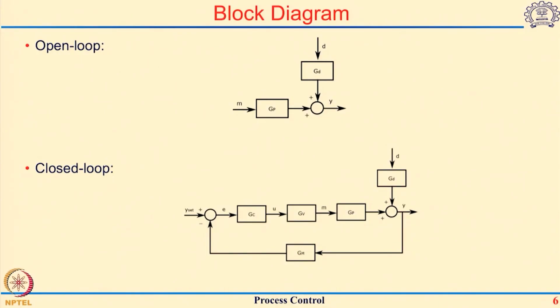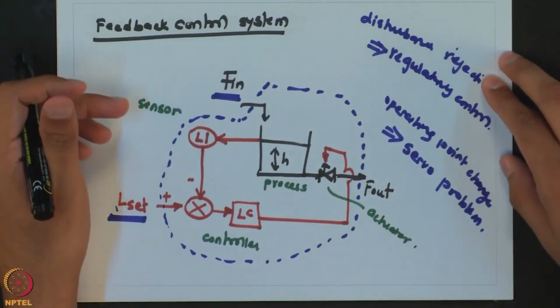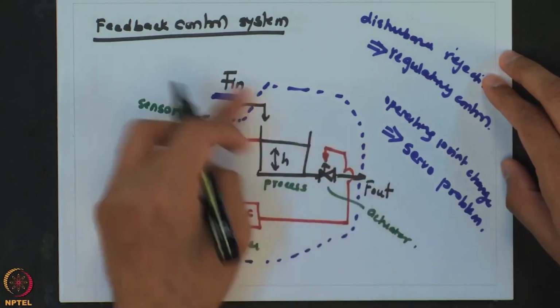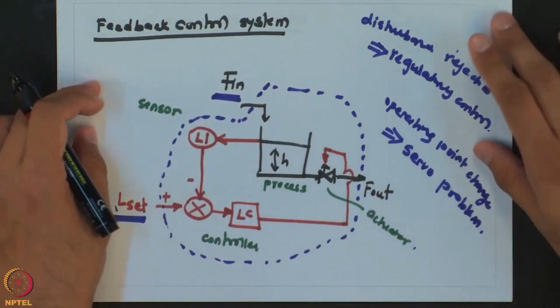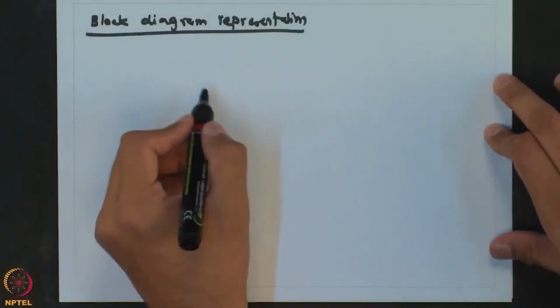If we look at this original process of the liquid surge tank, we know that there are two inputs into this process. One is F in and the other input is F out. Both of these are going to affect the output of this process, which is the height. So, we have two transfer functions.